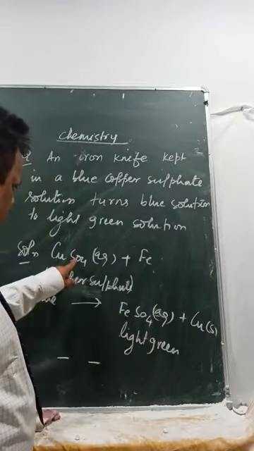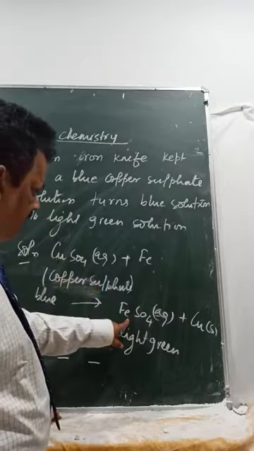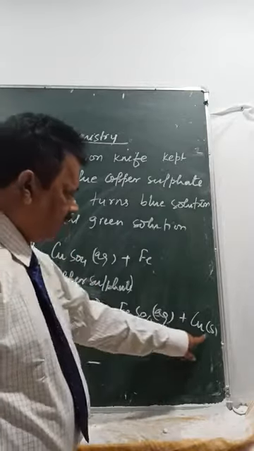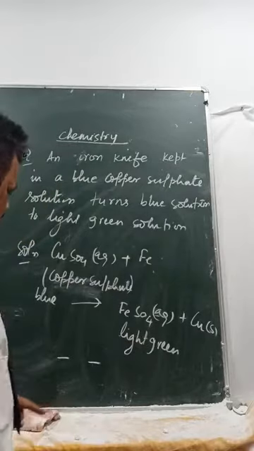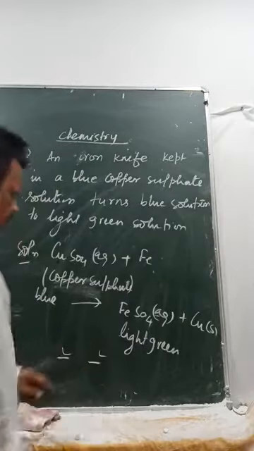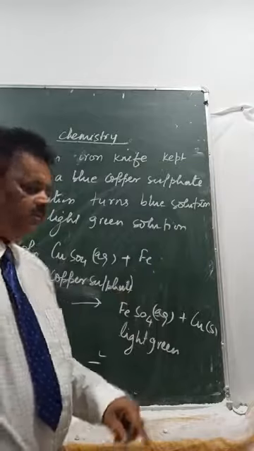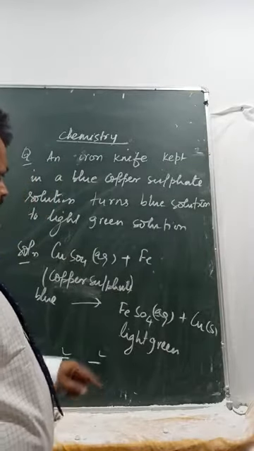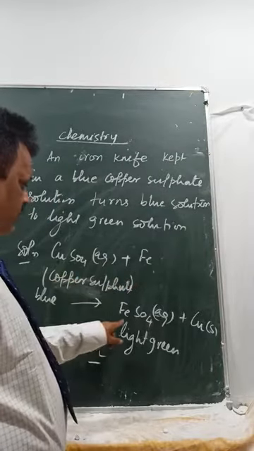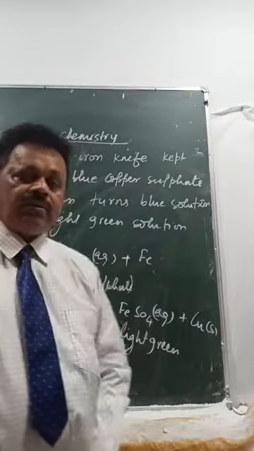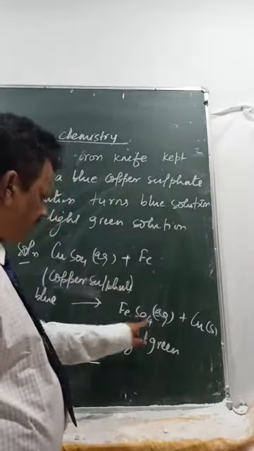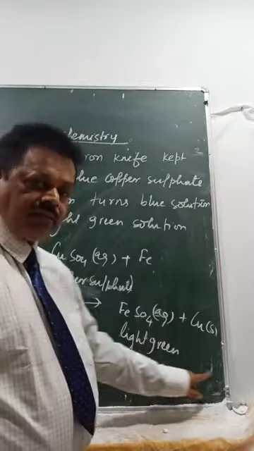Means the copper is replaced by iron, then copper is separated. Iron is more reactive than copper, so iron displaces copper to form ferrous sulfate solution, which is light green in color. Some more lines you have to write here.